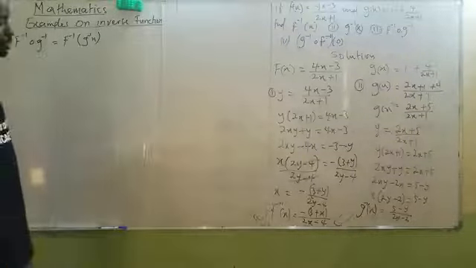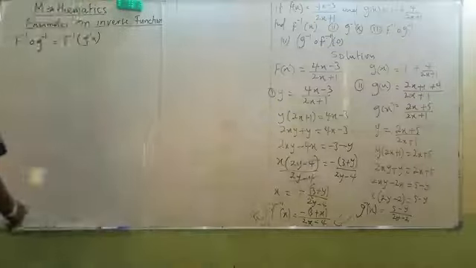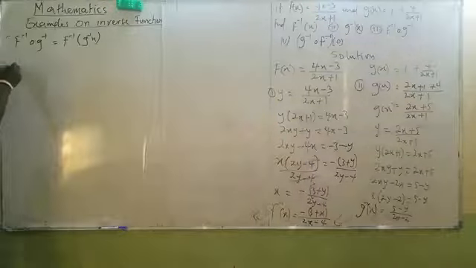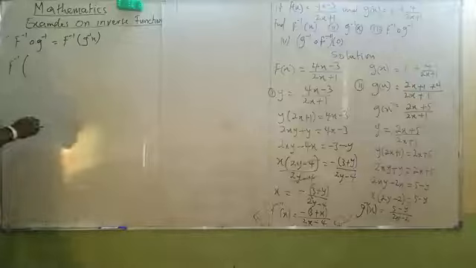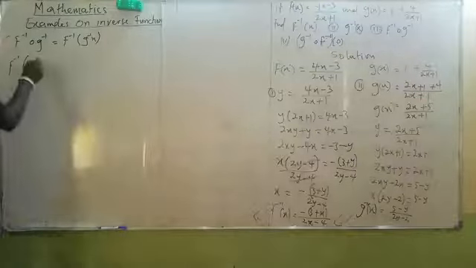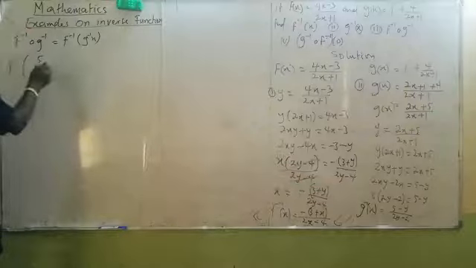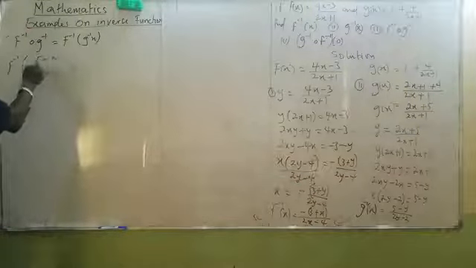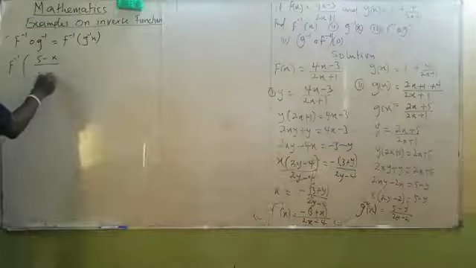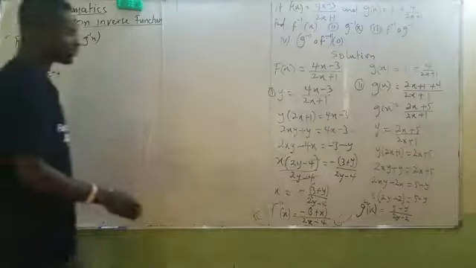That's what you just need to do. And we all know that my g inverse is 5 minus x all over 2x minus 2. Please, this is what I'm using.